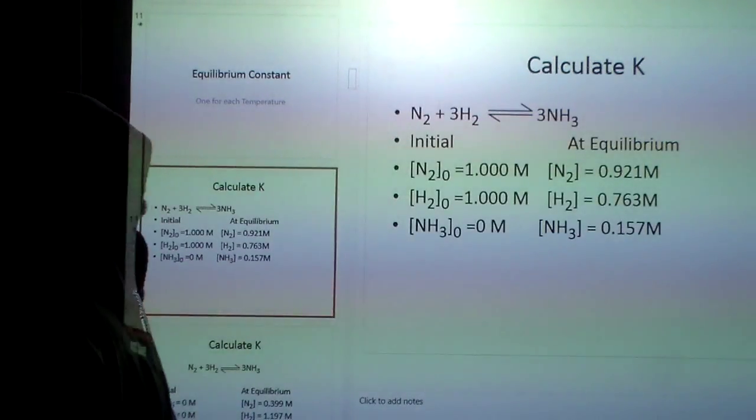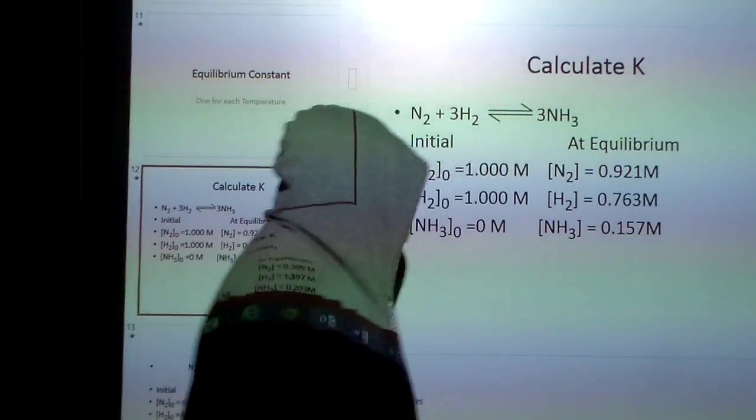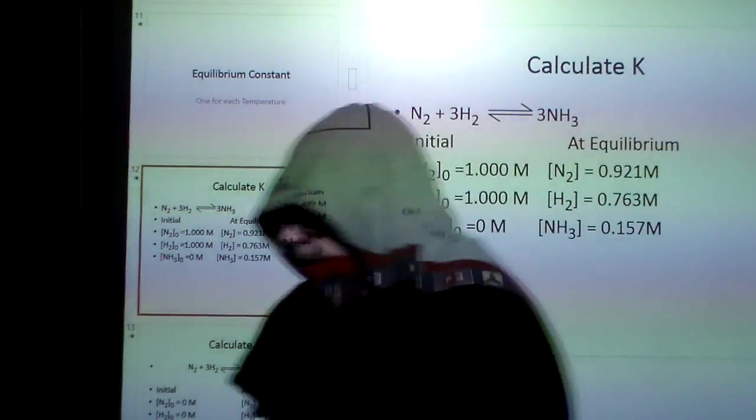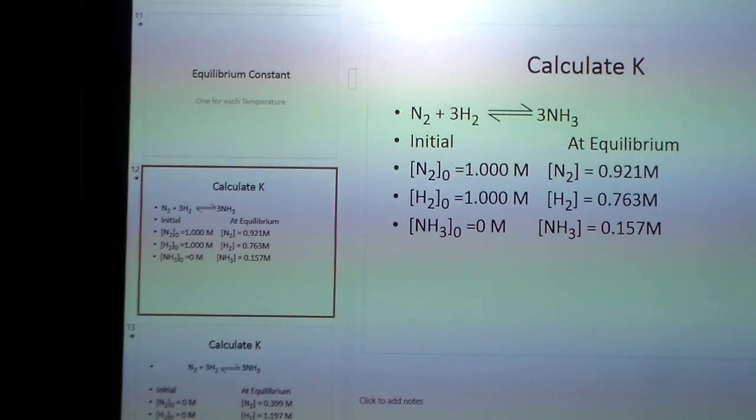So let's take a look at this one here for a moment. If we calculate K for this example, you're going to notice that if you try to calculate K with the initial concentrations, you're not going to get anything.